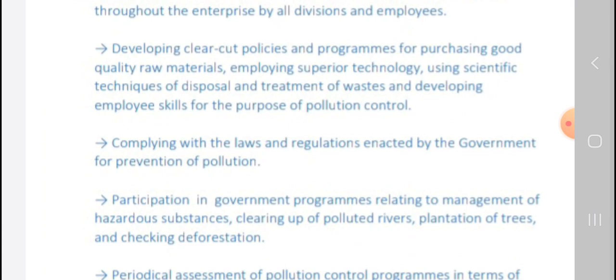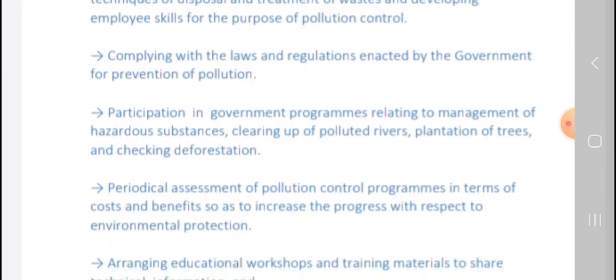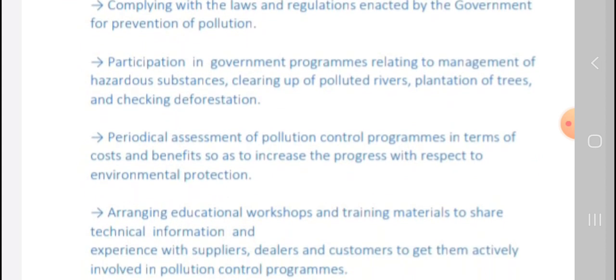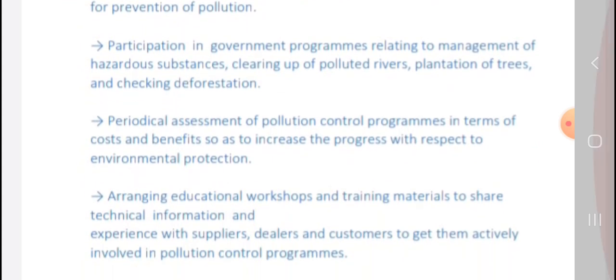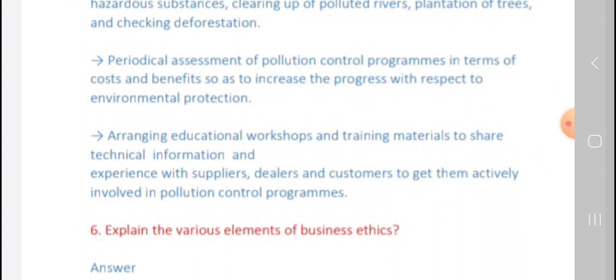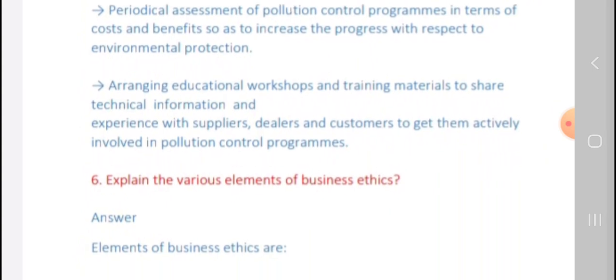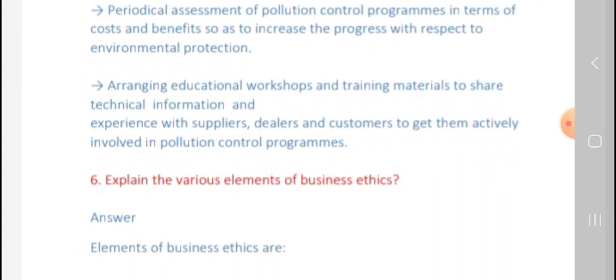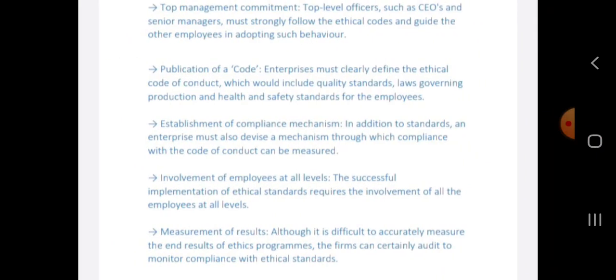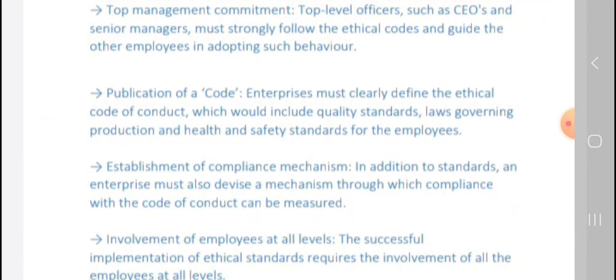Develop clear-cut policies and programs for purchasing goods, quality raw materials, and employing superior technology, and comply with the laws and regulations enacted by the government for prevention of pollution. Participate in government programs relating to management of hazardous waste, periodically assess the pollution control program in terms of cost, and arrange educational workshops and training materials to share technical information and experience with suppliers.